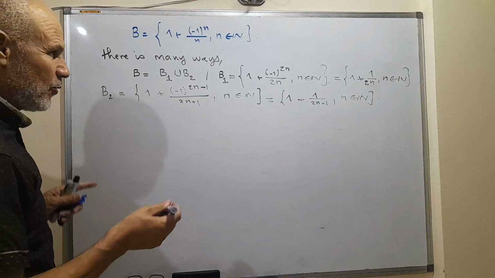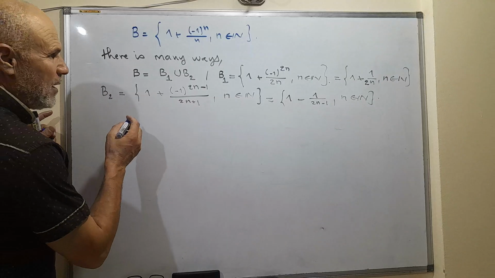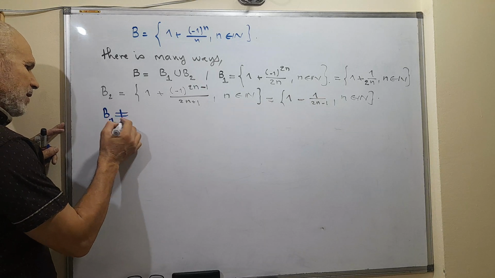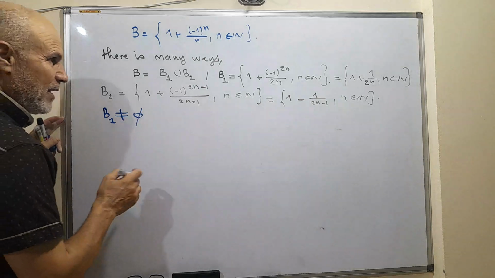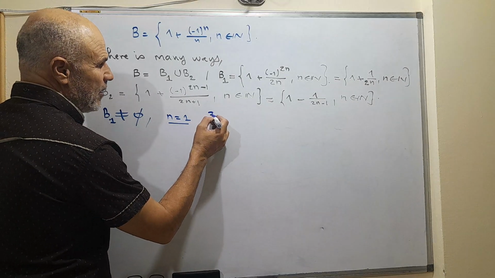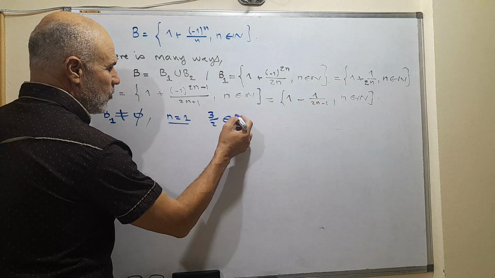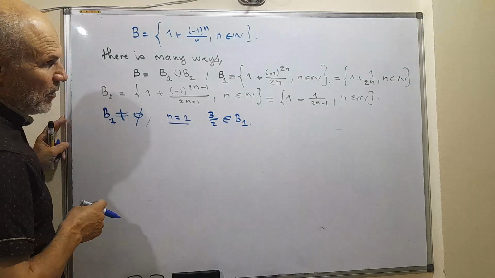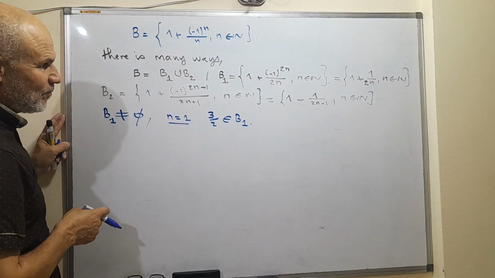So what we can do, we take the first one, B1. B1 isn't empty. Why? Because for n equal to 1, we have 3 over 2 belongs to B1. So this is not an empty set.